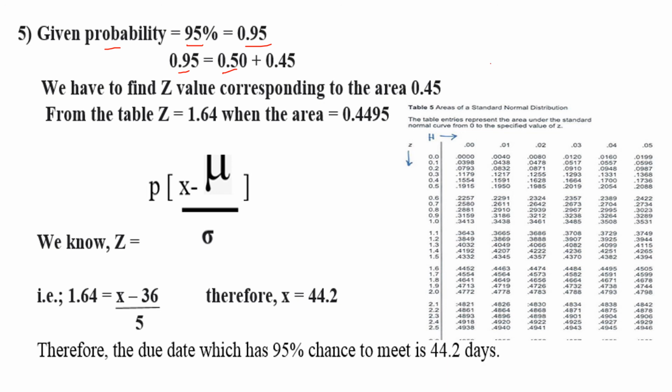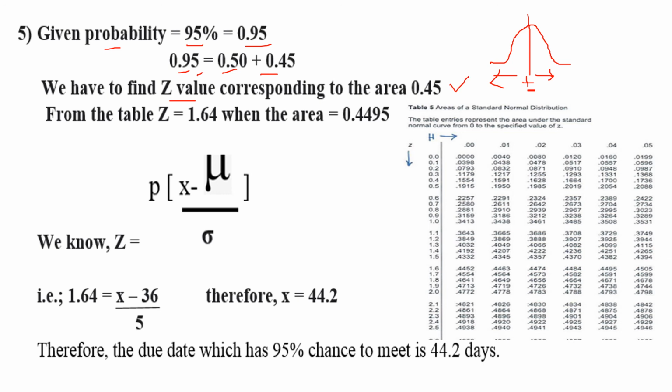We know for the normal distribution curve, the middle value is 0.50, so always we are taking that 0.50, whether you take the right side or the left side. So 0.95 is to be divided based on that. So 0.5 plus 0.45 is 0.95. Now we have to find the z value corresponding to the area of 0.45.